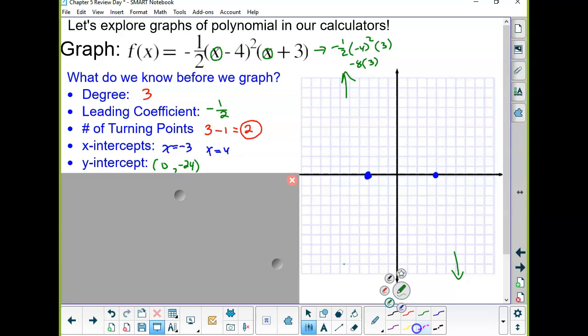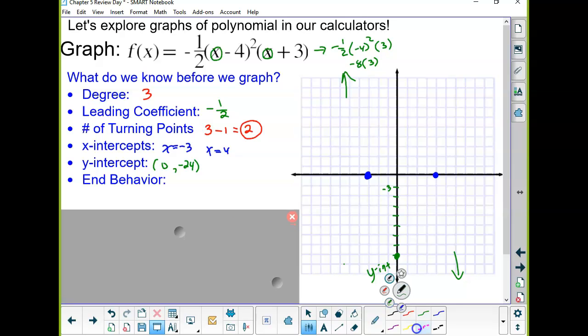So I know I would have to change my scale here, probably to go maybe by 3 or 4. If I change it to 3s, I can identify that as just each tick mark is a 3. So then I would go 8 down, and that would put me right here at the y-intercept of negative 24.